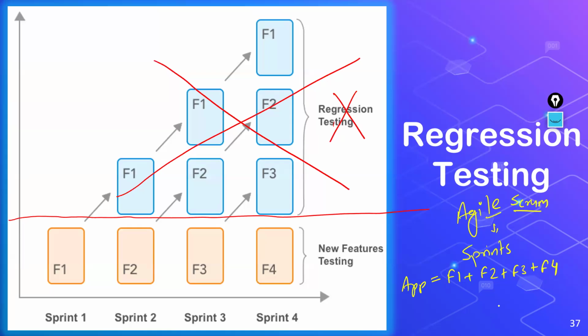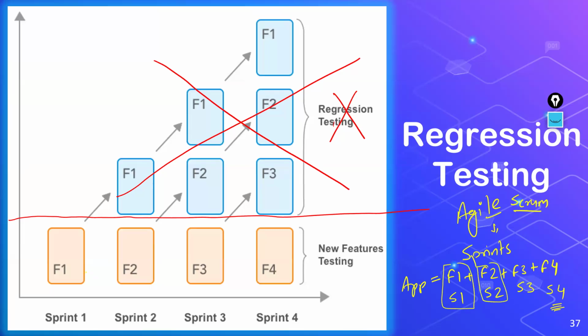And you have planned to implement each of these features in individual sprints: Sprint 1, Sprint 2, Sprint 3, and Sprint 4. And at the end of Sprint 4, you're planning to have your full application, because in each sprint you are developing one feature.